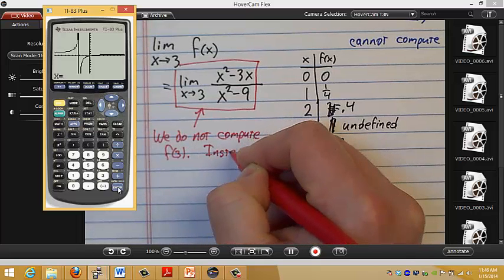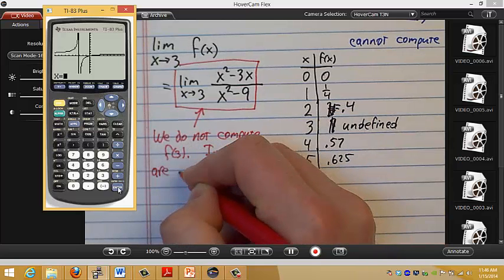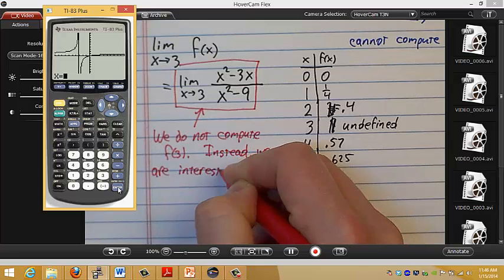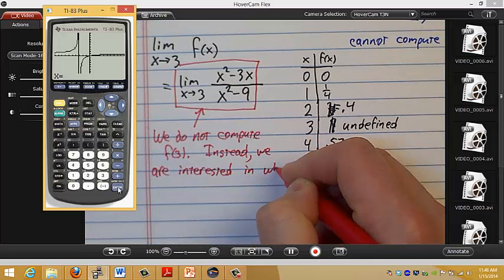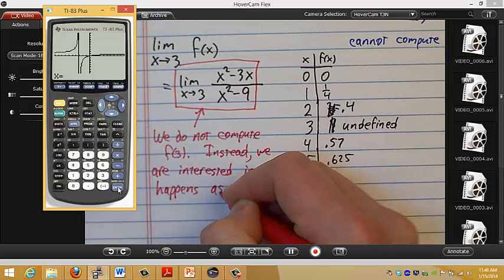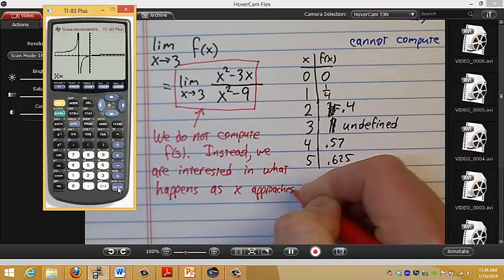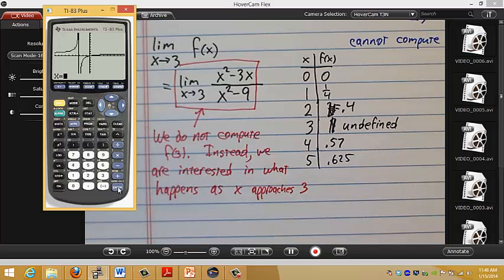Instead, we are interested in what happens as x approaches 3. When x gets close to 3, that's what we're interested in. Does that make sense to you guys? Not yet, maybe. Well, let me do this.